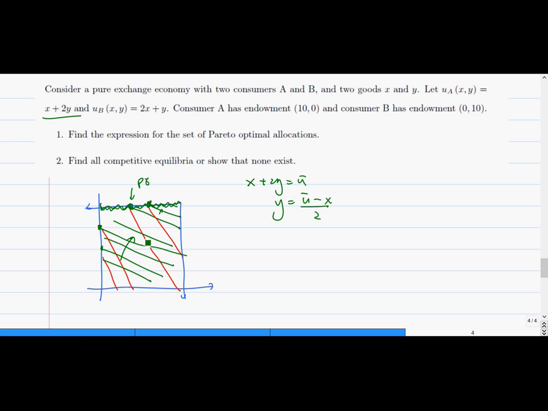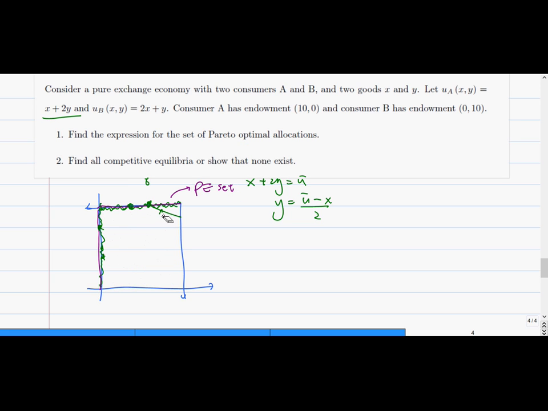So this point is the furthest point it can go, and this point is the furthest point I can go. So probably these are Pareto efficient as well. To summarize, we have this edge and this edge. Combining them is the Pareto efficient set. I'll erase the not so useful stuff. So that's how to find the Pareto set.